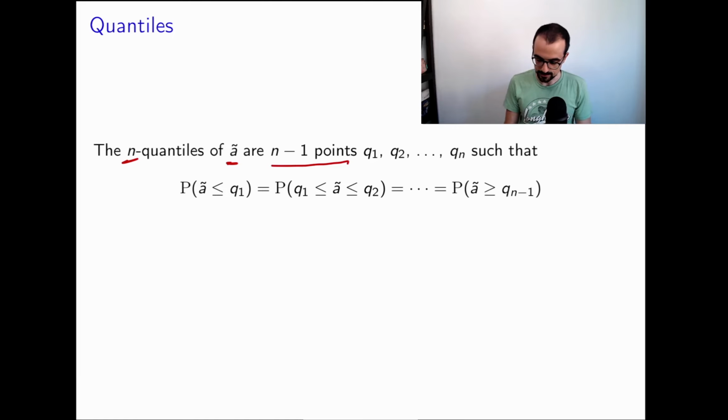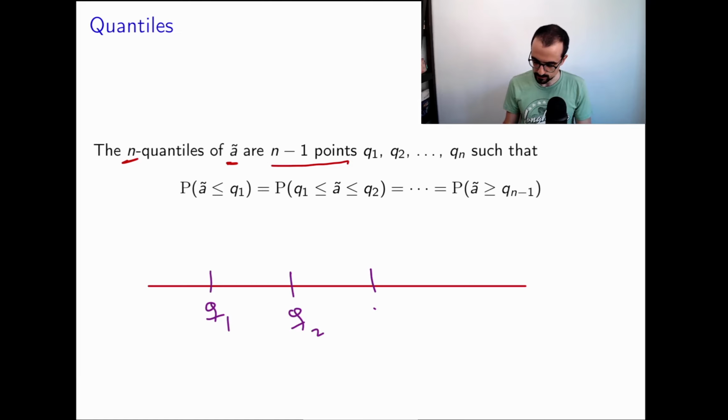Okay, so we have the real line. I'm going to draw it here. This is the real line. And now the quantiles cut up the real line. So Q1, Q2, I'm just going to do the 4 quantiles. There's always n minus 1, so if we're considering the 4 quantiles, there's going to be 3 of them.